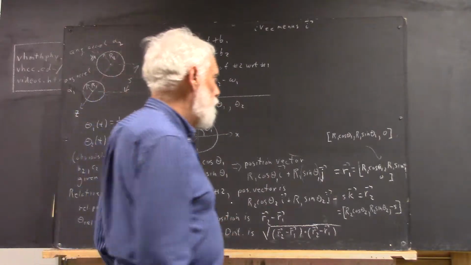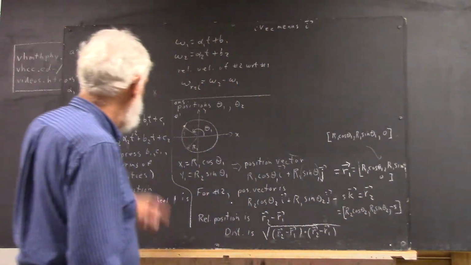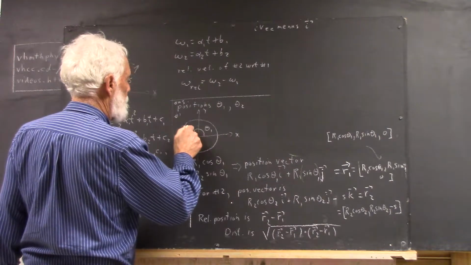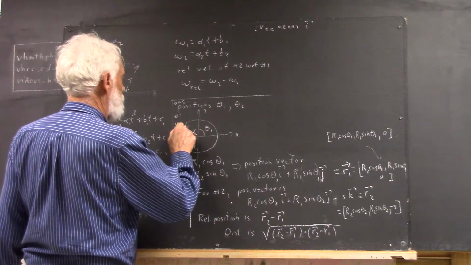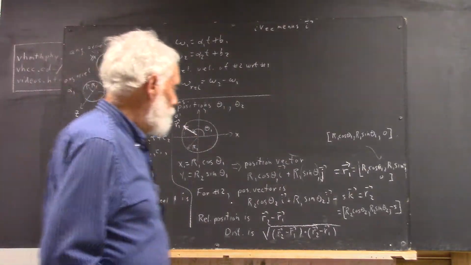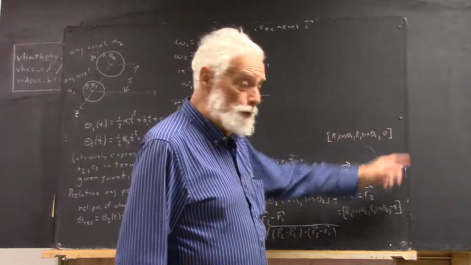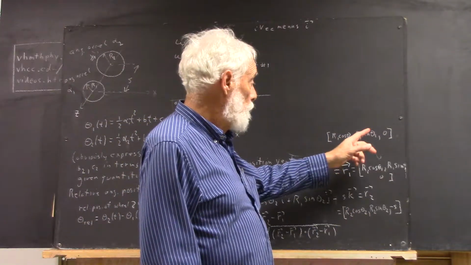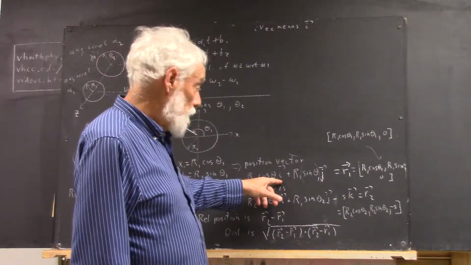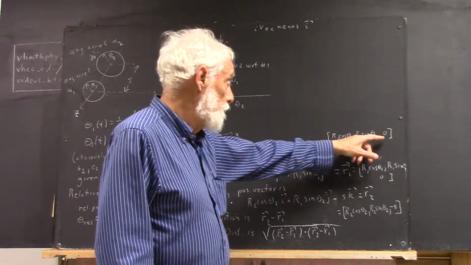So we're going to call that vector r1, that's the position vector for this point. It gives you the position of this point. And we could express r1 in any number of ways. I'm going to do it as an ordered triple: r1 cosine theta 1, r1 sine theta 1, 0, corresponding to r1 cosine theta 1 i, that's the x component, here's your y component, and your z component is 0.